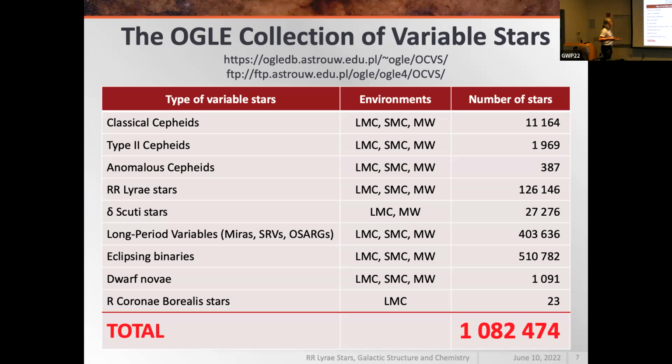This is a sub-project of the OGLE project with the main goal of detecting all variable stars that can be detected and classifying them. This table shows how many variable stars of different types have been included in this collection so far. We already exceeded 1 million objects, and my talk will be devoted to presenting classical pulsating stars in the Milky Way.